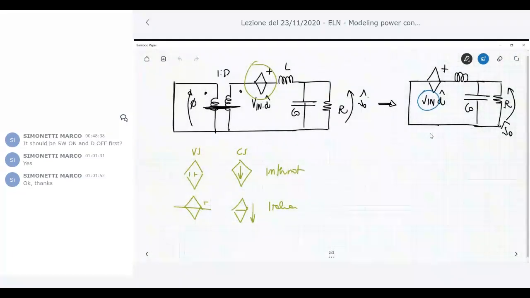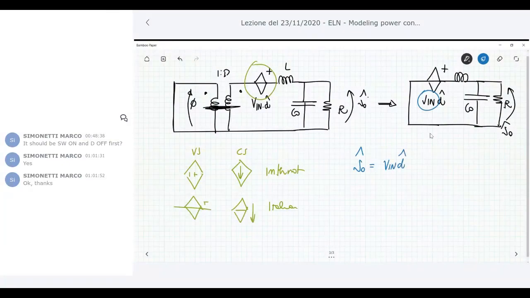Now I have to simply derive the small signal V0 variable looking at the circuit. This is very simple, because V0 is the source, which is Vin, that multiplies a fraction, and this fraction has as numerator R in parallel to 1 over sC0, R in parallel with 1 over sC0, plus sL.